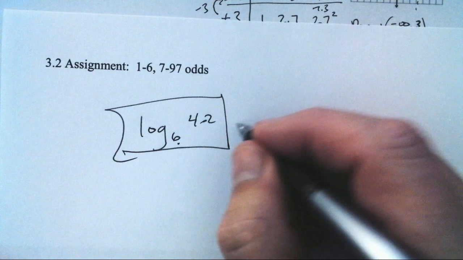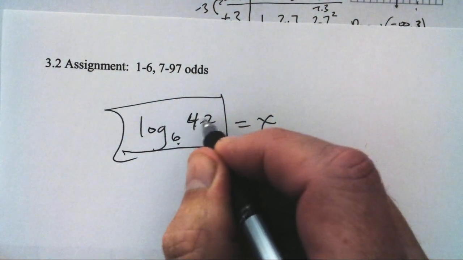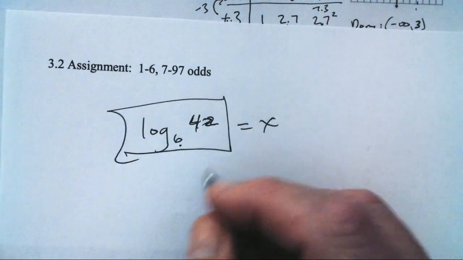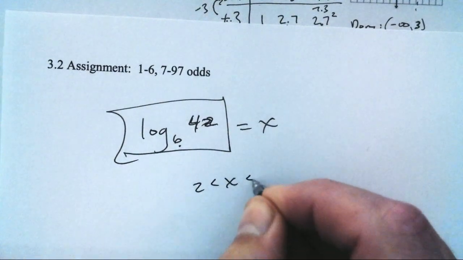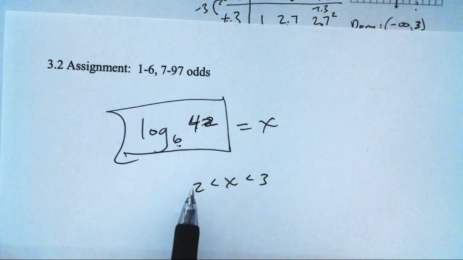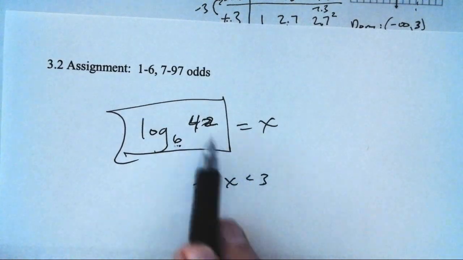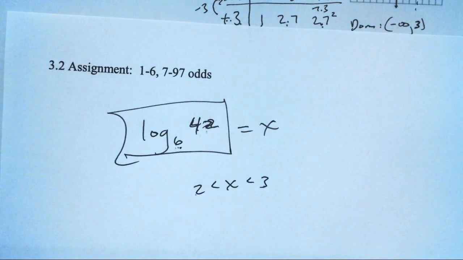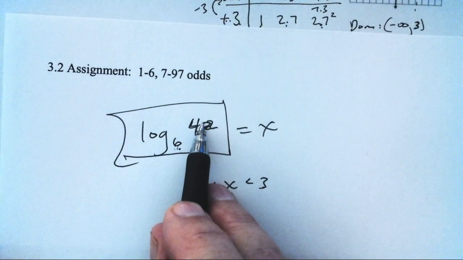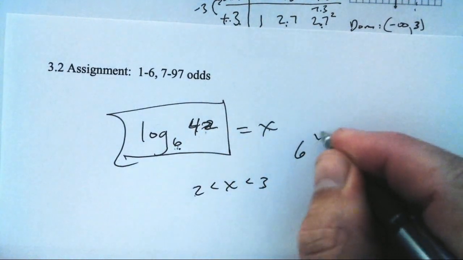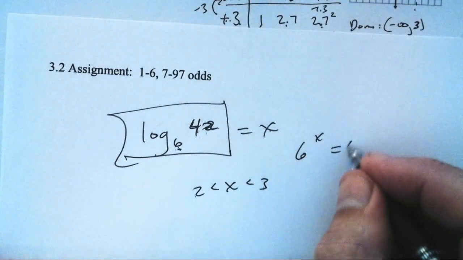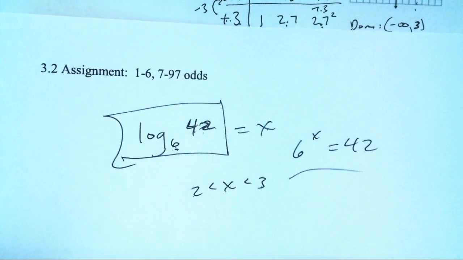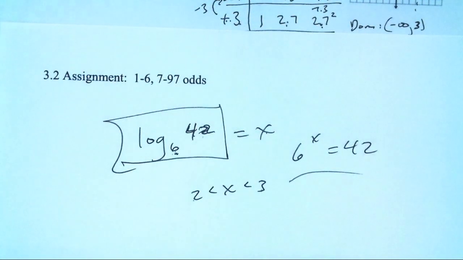If I say this is x, the exponent that turns 6 into 42, I know that 2 is less than x is less than 3, because 6 to the second is 36 and 6 to the third is way more than 42. So x is the exponent that turns 6 into 42. That way, as we move forward, we're going to have a better understanding if we're thinking of things that way.